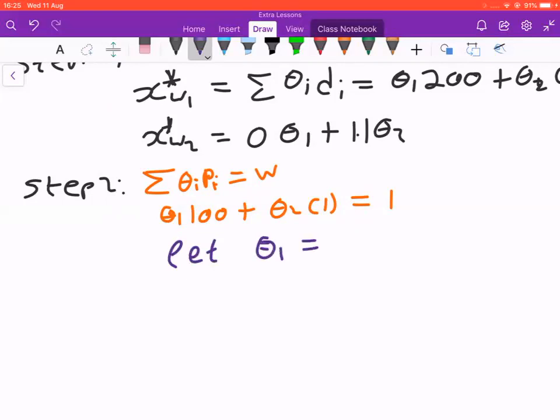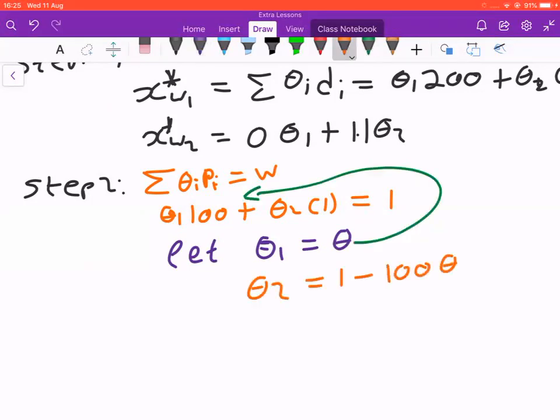Let mu 1 be equal to mu, okay, I always call this mu. I'm wrong, so it's going to be equal to theta. When you substitute it back up there, this simply means that theta 2 is going to be equal to 1 minus 100 theta, right?